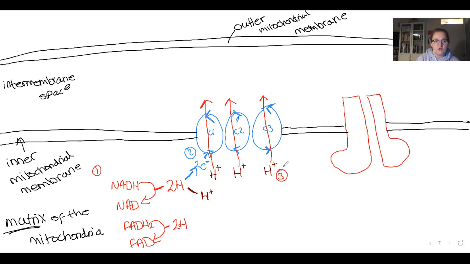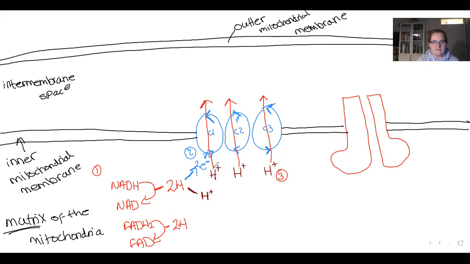They are pumped from the matrix into the intermembrane space, and they're able to do this because of the energy that's lost along the electron carriers. And remember, the intermembrane space is the space between the inner and outer membrane.